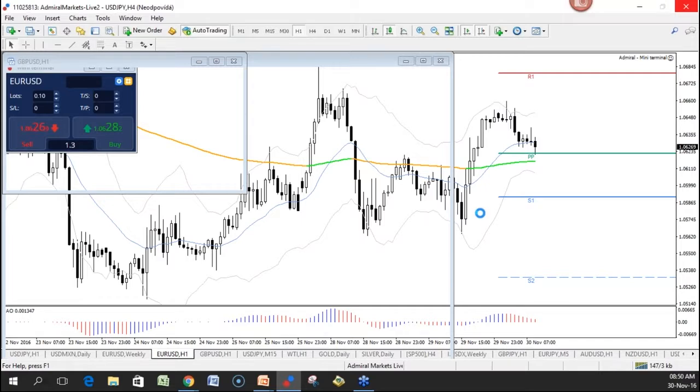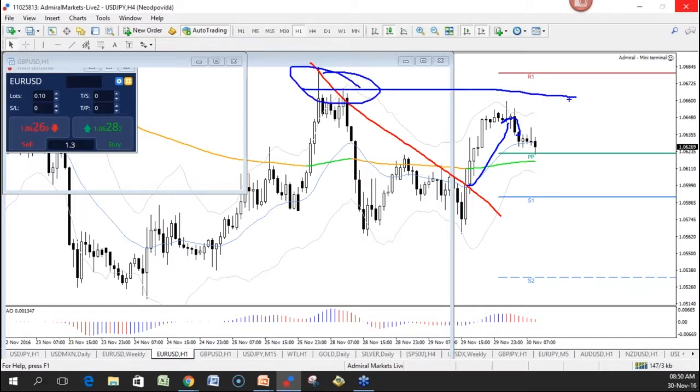Those are the decision levels I was talking about yesterday, and it broke above the resistance trend line that you can draw right here, like this, and price made that upside. Although it didn't go as far, there was some resistance, as you can see right here. Price wasn't able to break above that, so there was some pause right there. Also, the Keltner band stopped price right there.